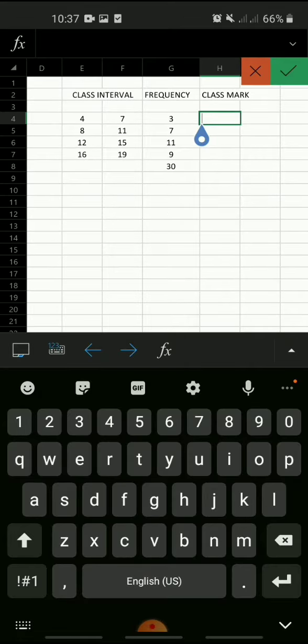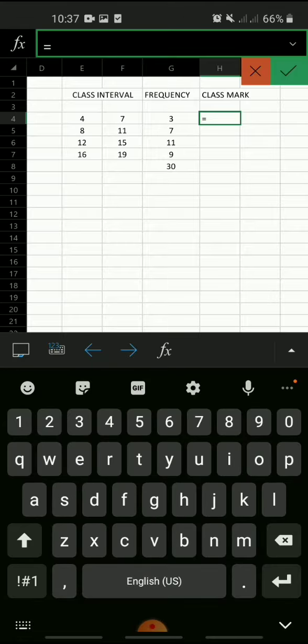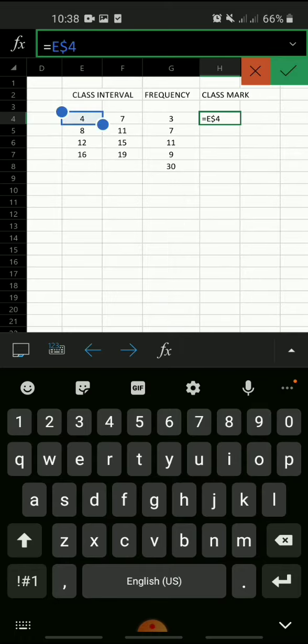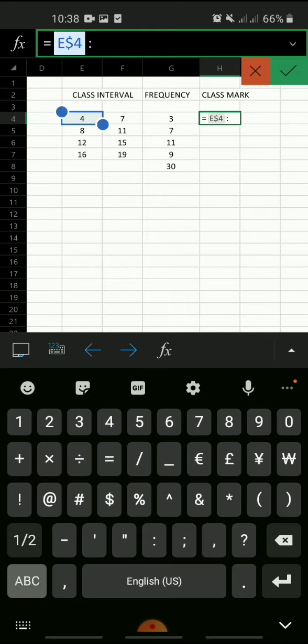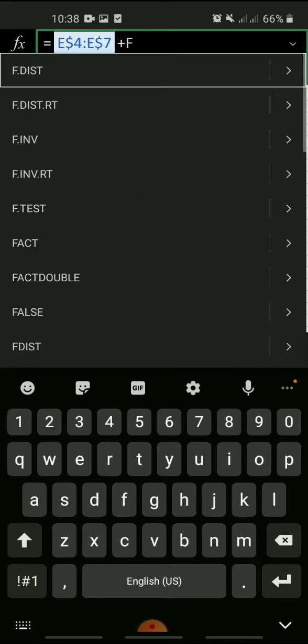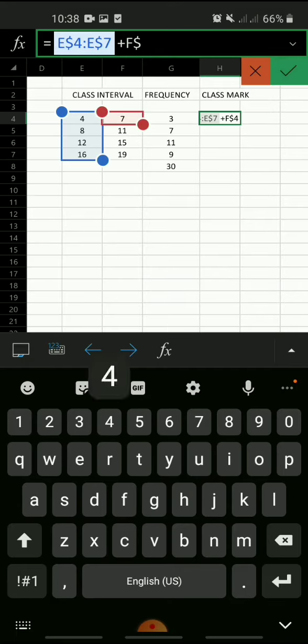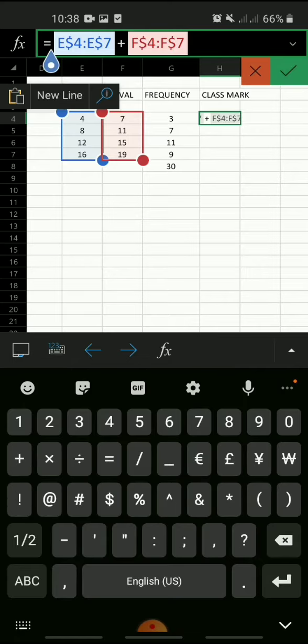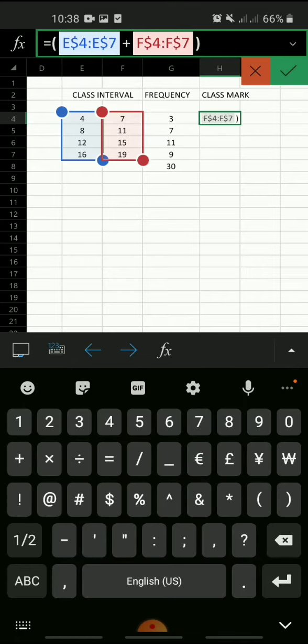So, we're going to use a formula: the cell with 4, colon, the cell with 7, and then plus the cell with 4, colon, the cell with 7, and then divide it by 2.